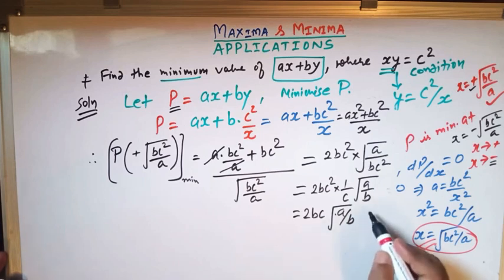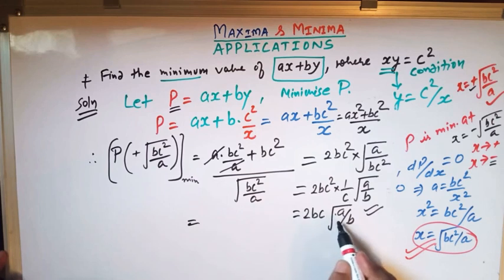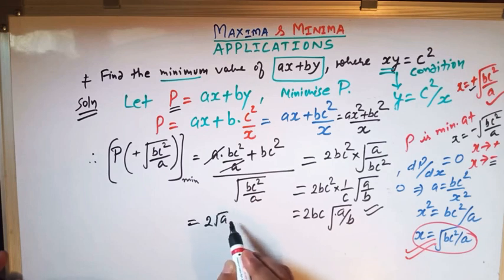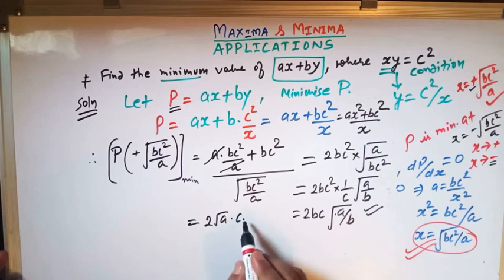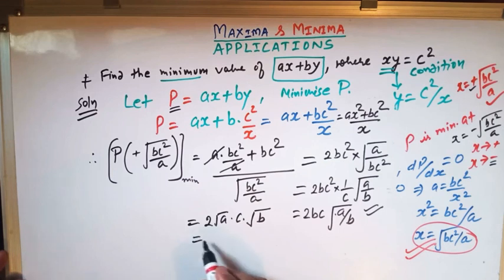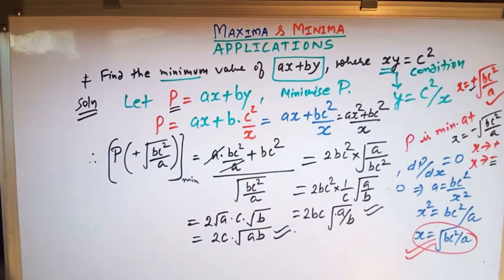So this is the required value, or this may be further simplified as 2 square root of a times c times square root of b. Clear? Or we can write 2c times square root of ab. So this is the minimum value of this expression where xy is equal to c square. Clear?